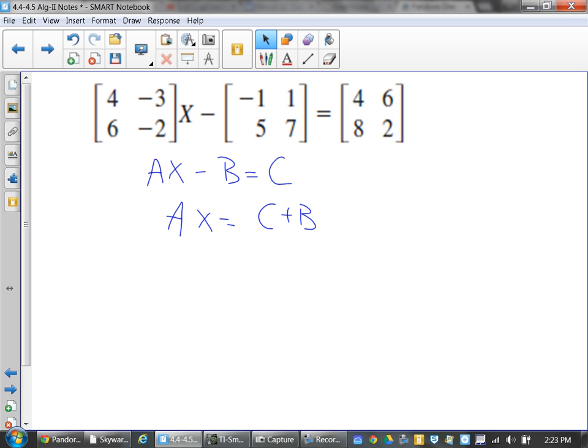Then X will equal the inverse of A times whatever C plus B was, okay? When you're doing the inverses here, the inverse matrix always has to go first, otherwise it won't work. Like I said, the commutative property of multiplication does not work for matrices. So now we just have to start moving stuff around.